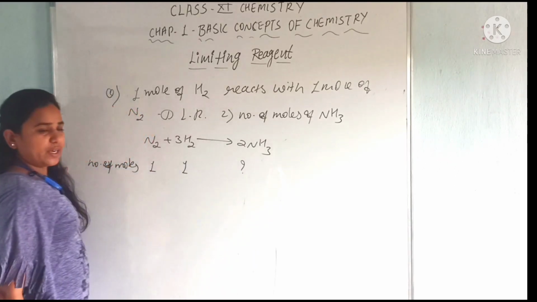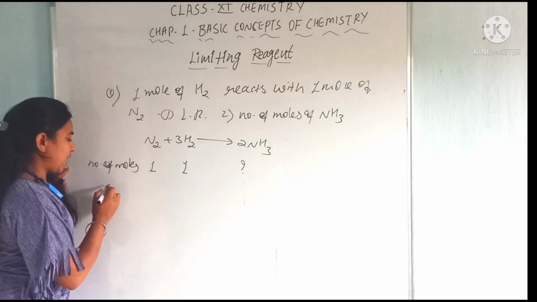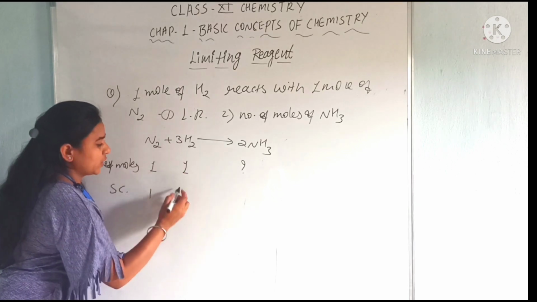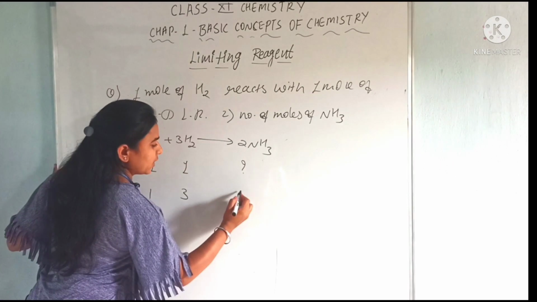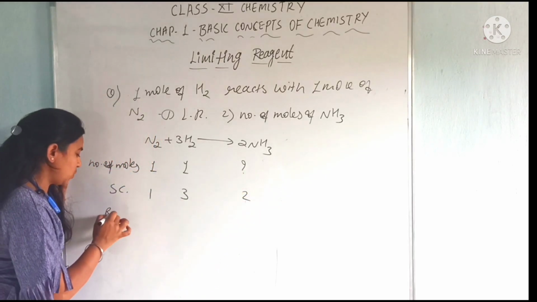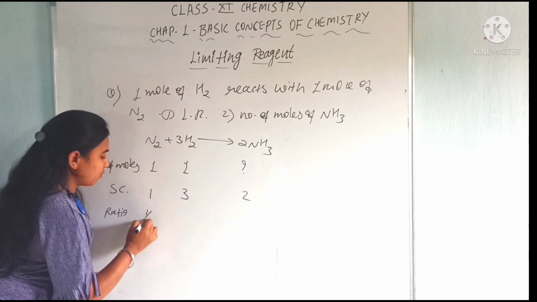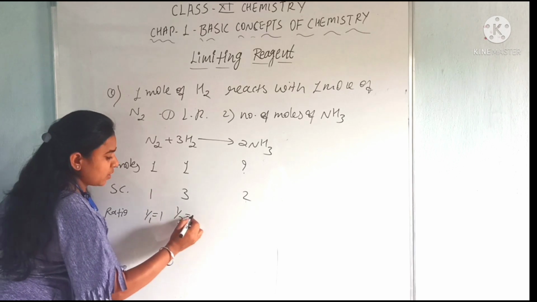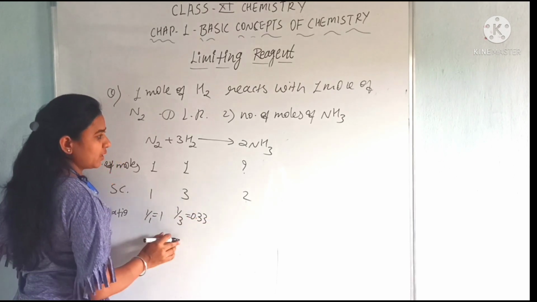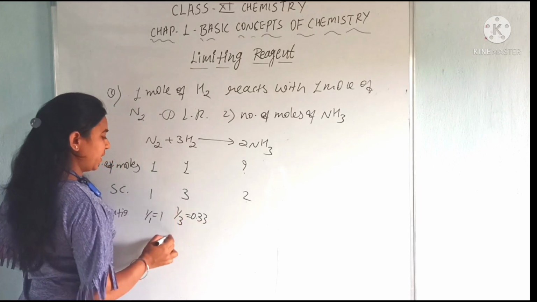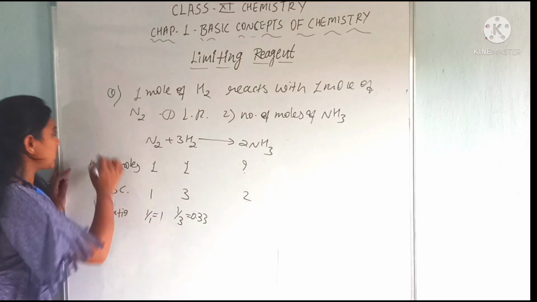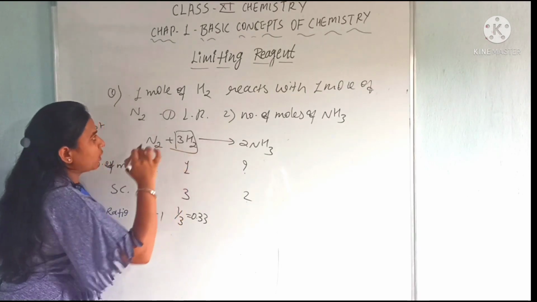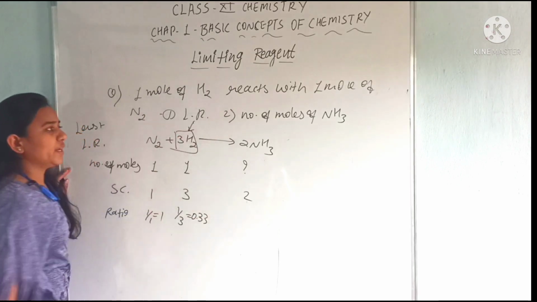Then the stoichiometric coefficients: for N2 it is 1, for H2 it is 3, and for ammonia it is 2. Find the ratio: 1 by 1 equals 1, and 1 by 3 equals 0.33. So which is the limiting reagent? Always the least ratio is the limiting reagent, so hydrogen is the limiting reagent here.